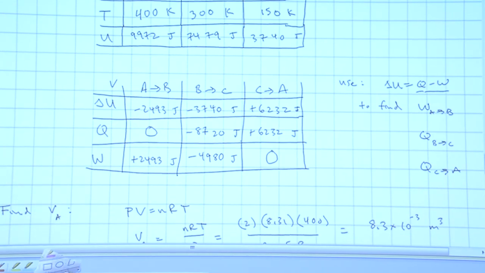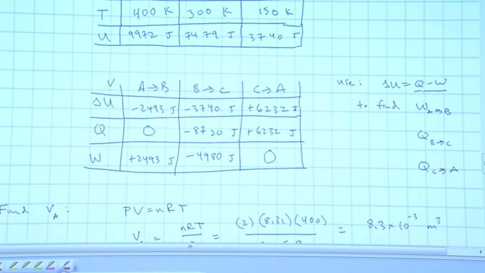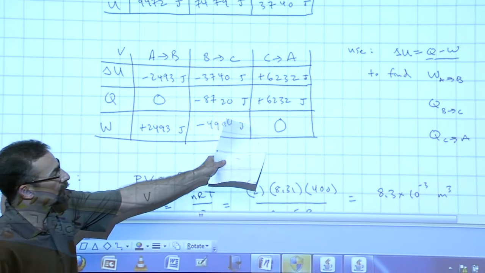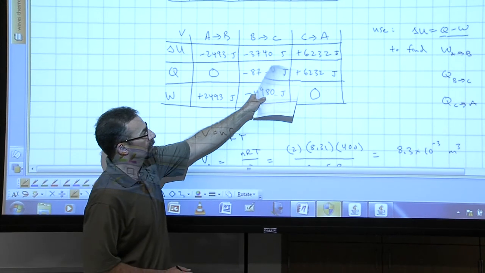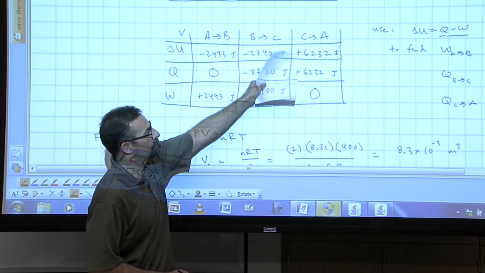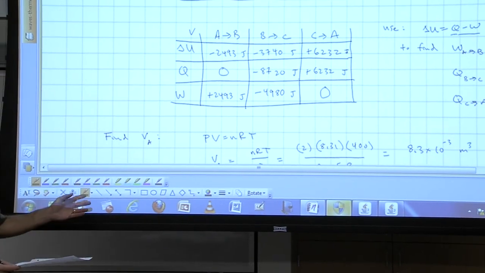If no work is done, how does the pressure go up? Well, we dump heat in, right? Get the molecules moving faster, they bang on the wall harder, the pressure goes up. So if no work is done, why does the pressure go up? Because we put heat in. Positive Q. If Q is positive and this is 0, then that has to be positive also. So it's a good idea just to think about that a little bit.